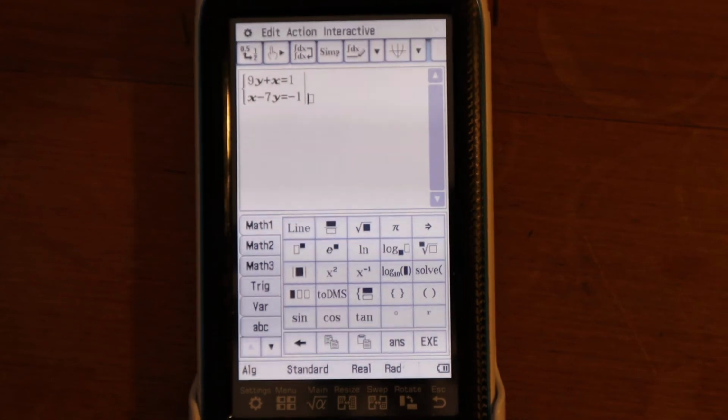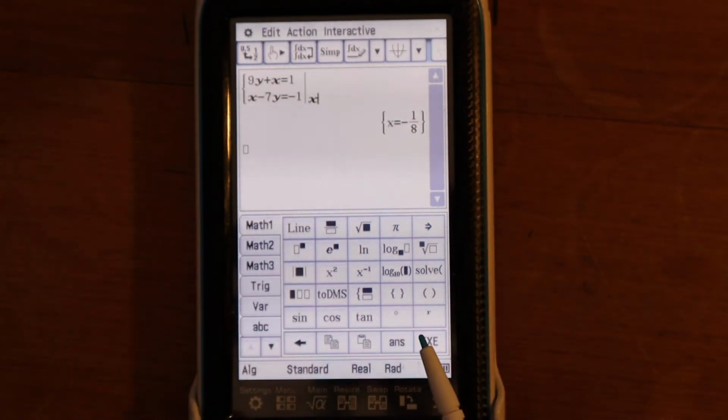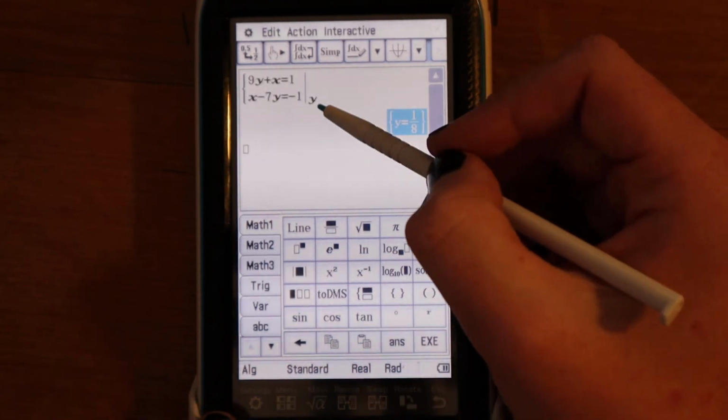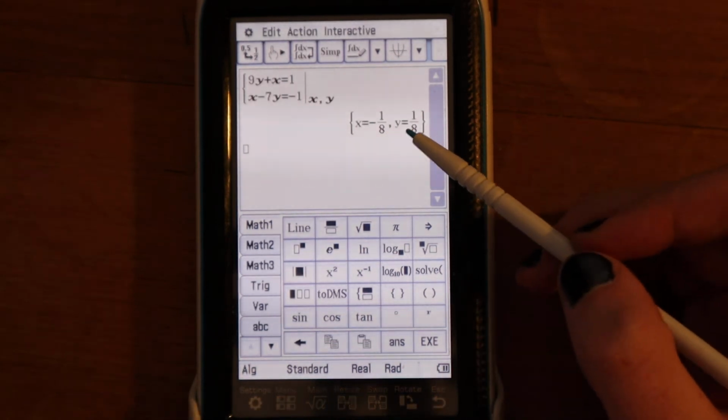And if we want to solve just for x, then that's pretty easy. You can just go x and just execute. If we want to solve for y, again, just do that. But there's actually a really cool little thing you can do if you want to find both of them. You go x, comma, y, and that'll give you both of the answers.